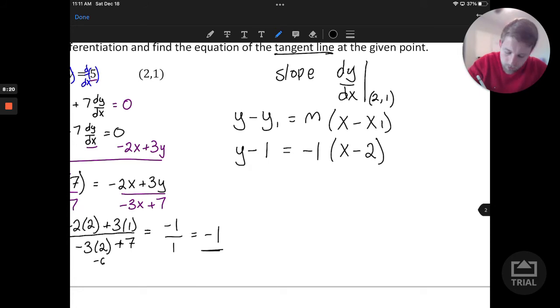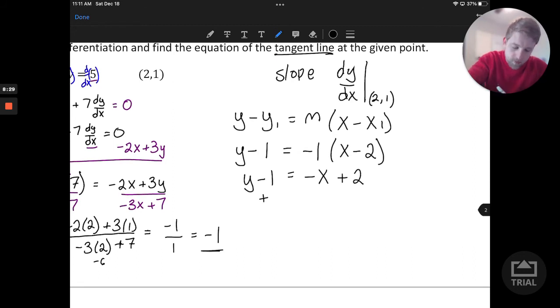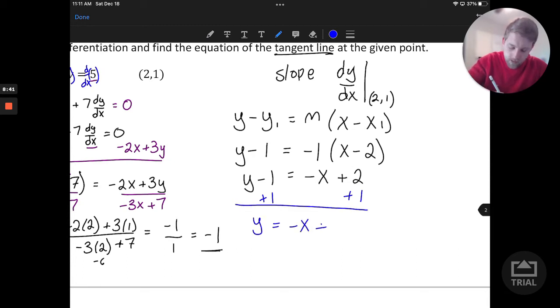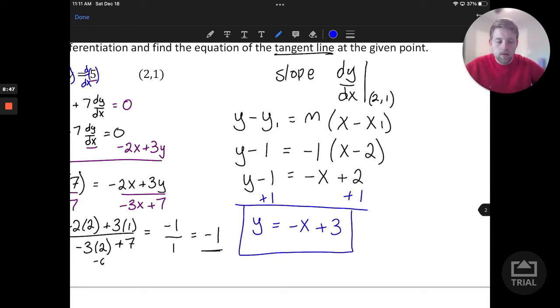We can distribute the negative 1 and then add 1 to both sides to find our final result in slope-intercept form. And we get y equals negative x plus 3, with 3 as the intercept value. And that will become our tangent line equation.